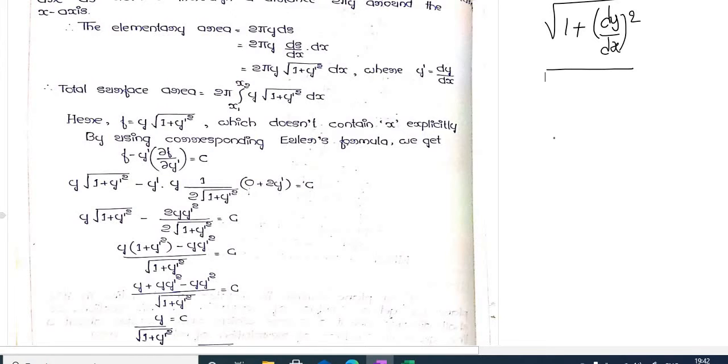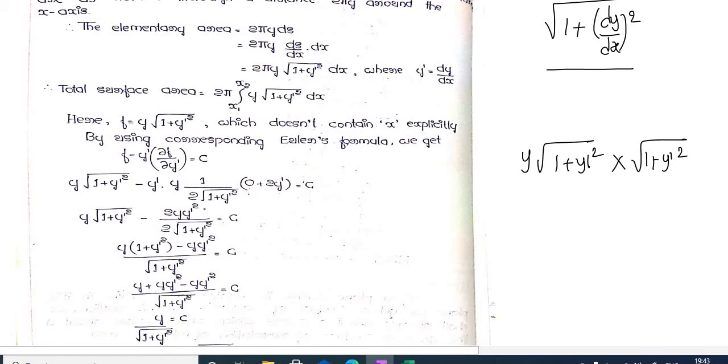By taking LCM, we are going to get here y into 1 plus y dash square, y means fraction into LCM. Root A into root A is A only. 2 gets cancelled. Here fraction into LCM means this term and this term get cancelled.